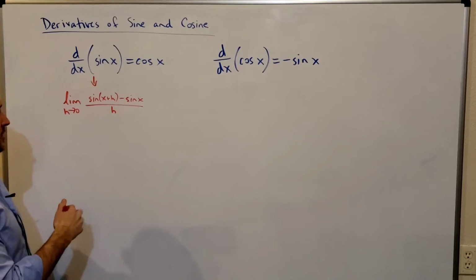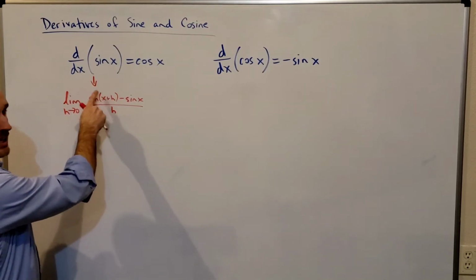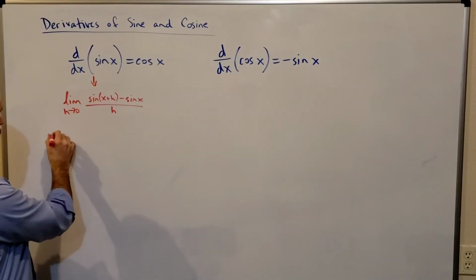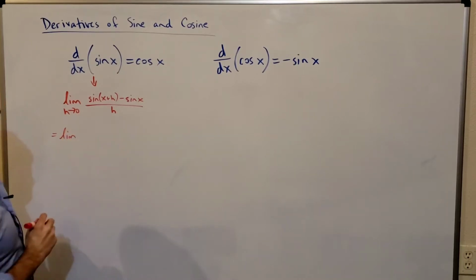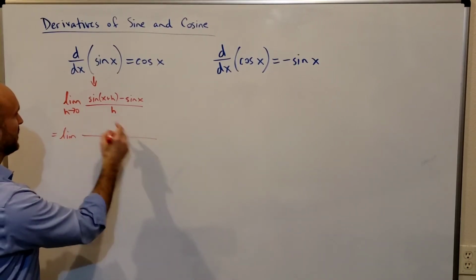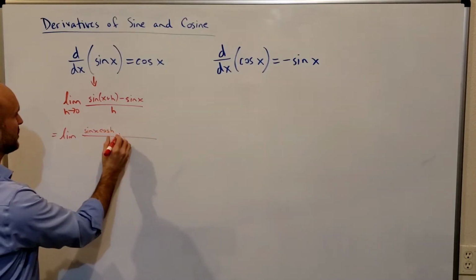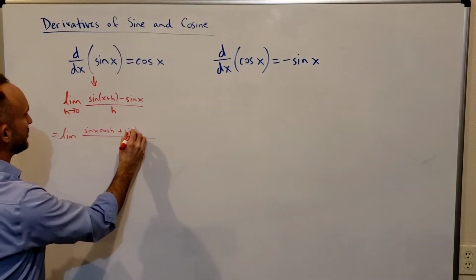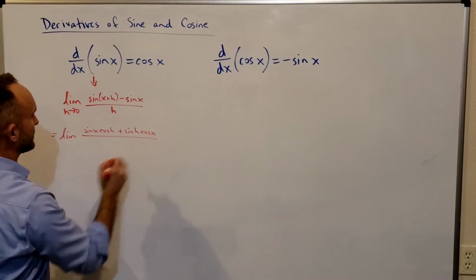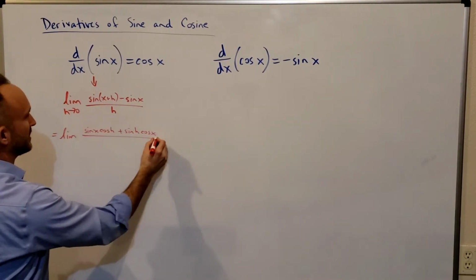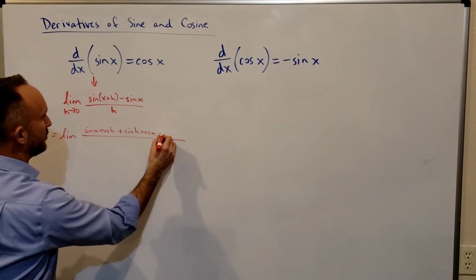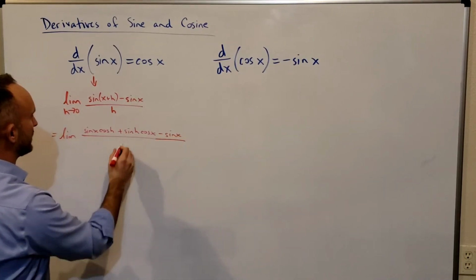And then this is the part I mentioned where it's good to remember your trig identity. So here we'll apply the addition formula for the sine function on the top. So we've got the limit, sine of x plus h is the same thing as sine x cos h plus sine h cos x. Okay, so that's the sine of x plus h, and then we just need to do minus sine of x here. That's all over h.